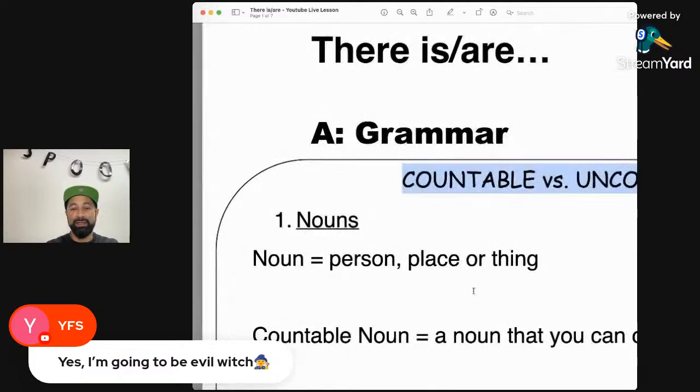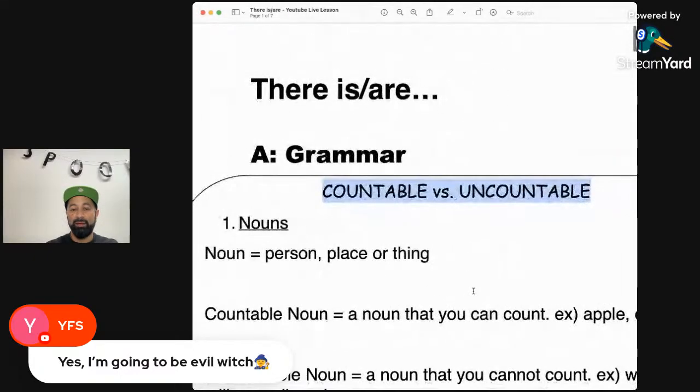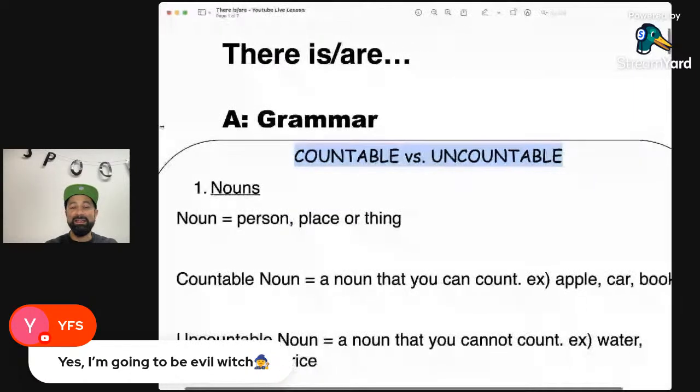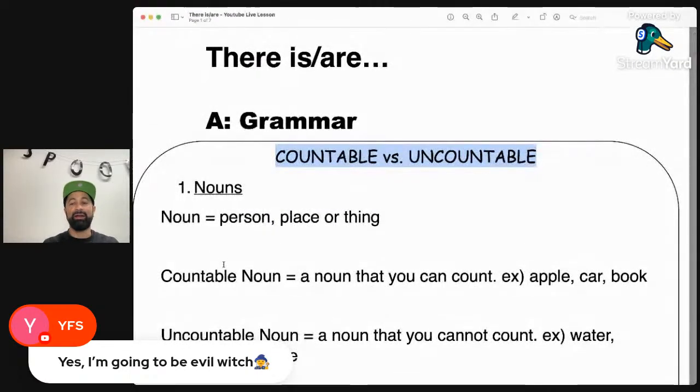Okay, let's look at countable nouns. A countable noun simply means any noun that you can count. Just near me, I've got something to show you. We've got here a pencil crayon.